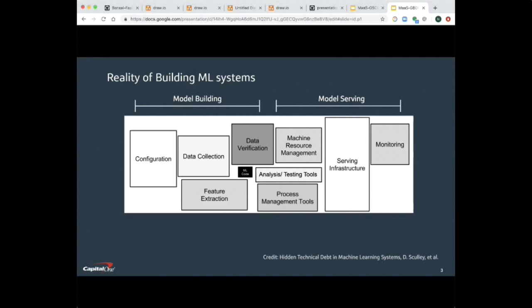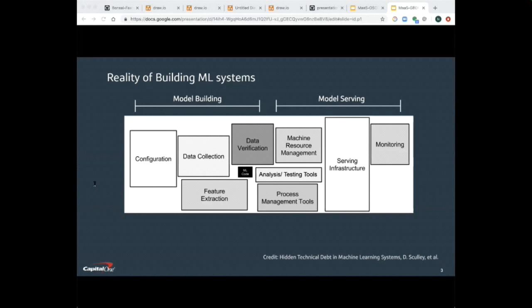What kind of process management tools would you leverage to achieve operational excellence? And last but not least, the monitoring aspect, not just for your model, because data scientists have probably created their own various solutions to do model performance monitoring, but you have to manage your infrastructure as well, right? The model serving infrastructure, you need to monitor that and make sure that you are able to meet the demands of your applications or the business solutions that you have put in place.